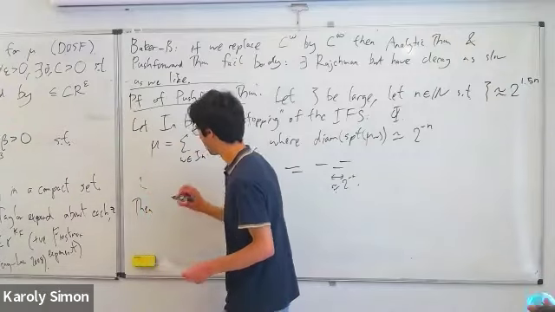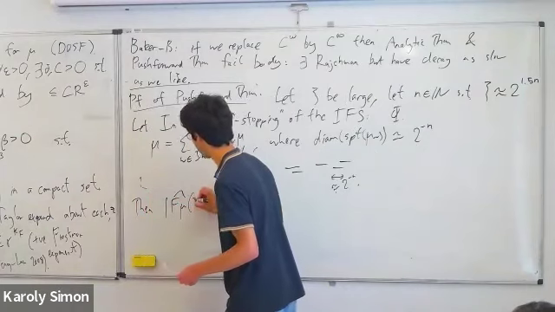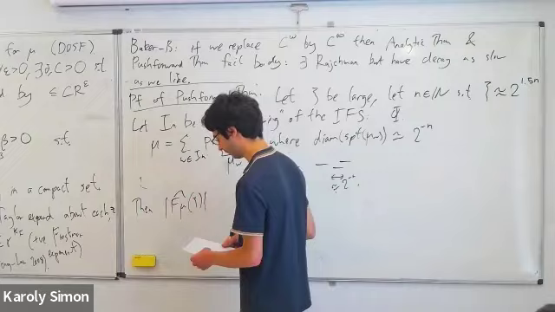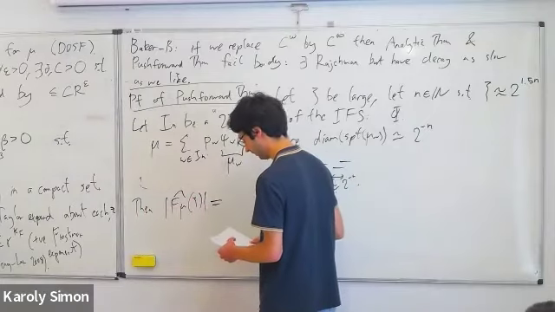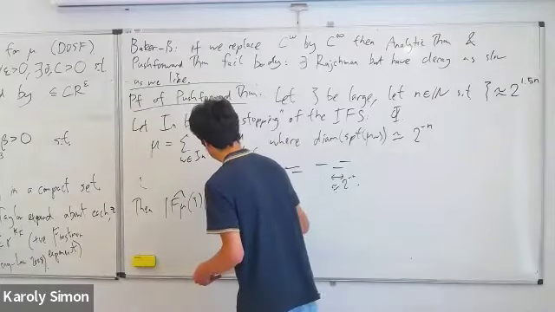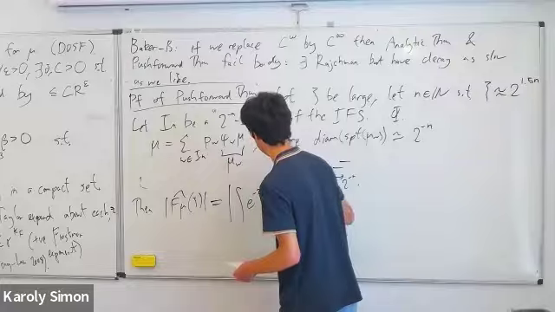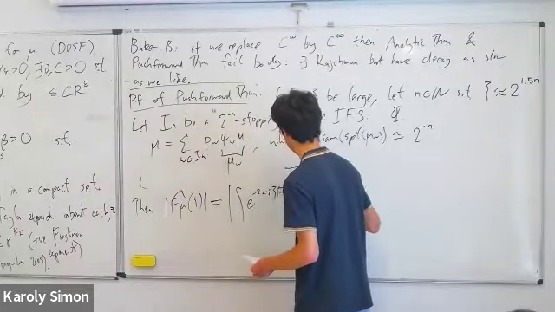Okay. So then, if we consider the Fourier transform of the image measure at the frequency psi, we can write this as the integral of e to the minus 2 pi i psi f of x d mu of x.